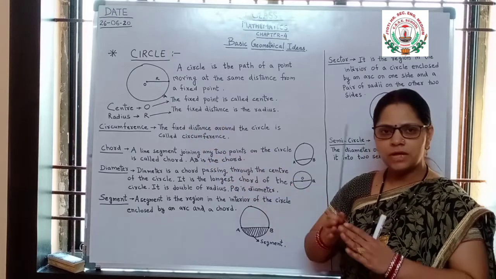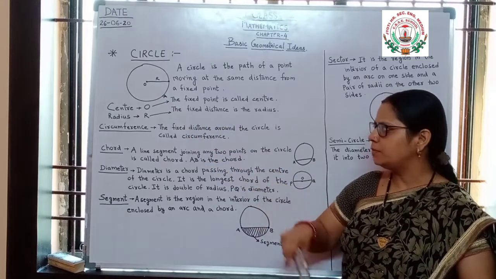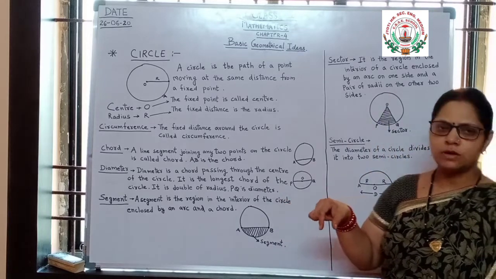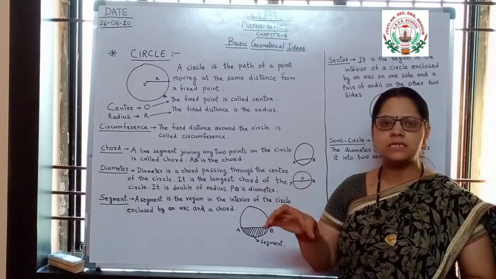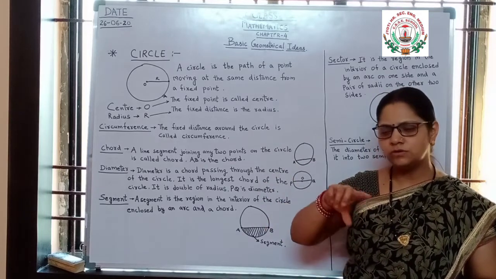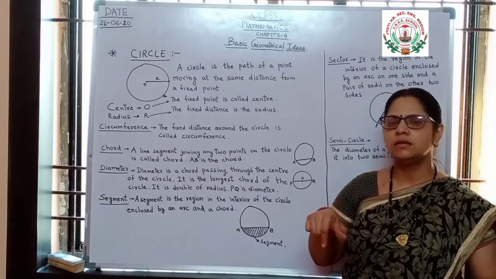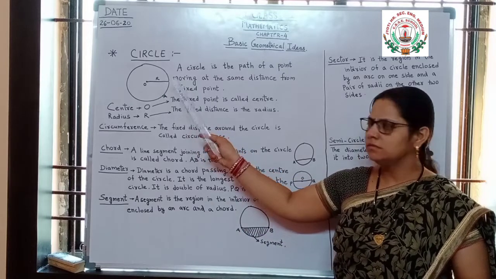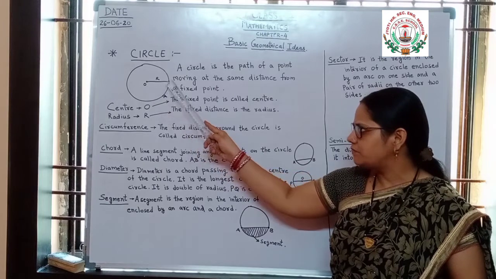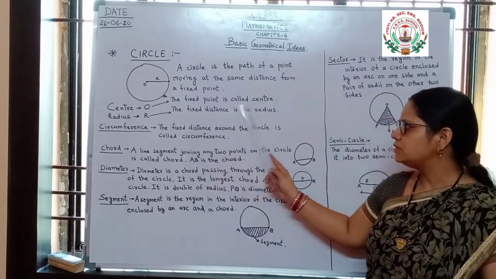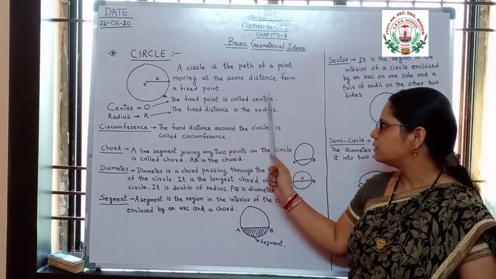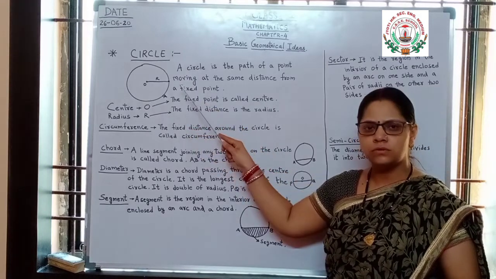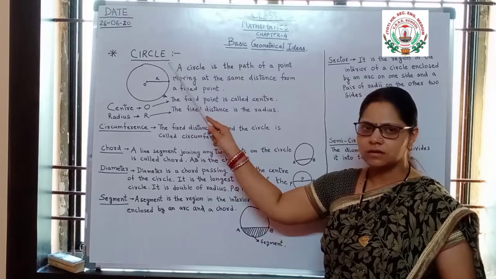You keep the fixed distance on your compass and move your pencil through that to draw a circle. The fixed distance is called the radius and the fixed point is called the center. And the thing you are drawing is called a circle.